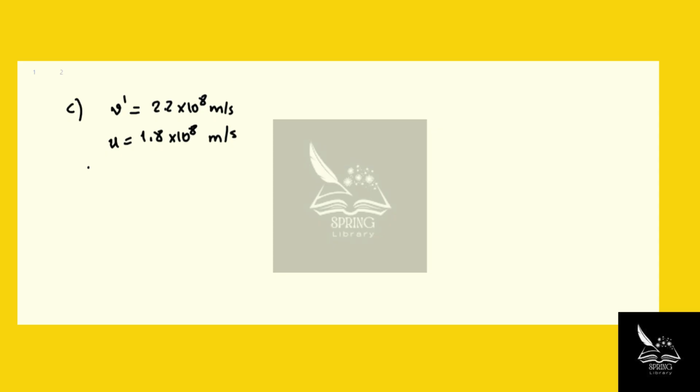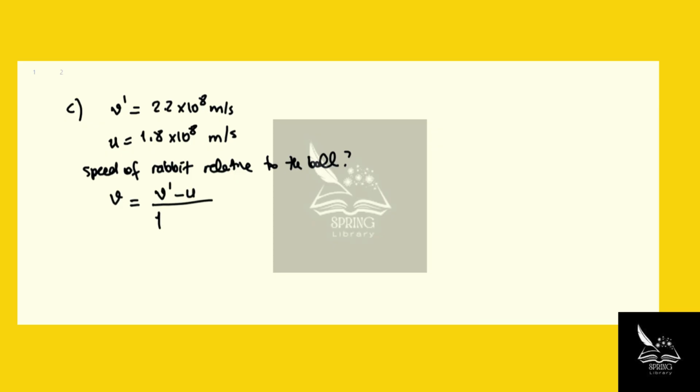So what is the speed of the rabbit relative to the ball, right? If we're looking for the speed of the rabbit relative to the ball, we're looking for v, which is v prime minus u over 1 minus u v prime over c squared, like relativistic speed addition.